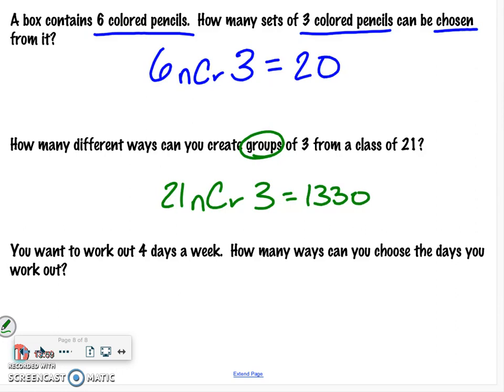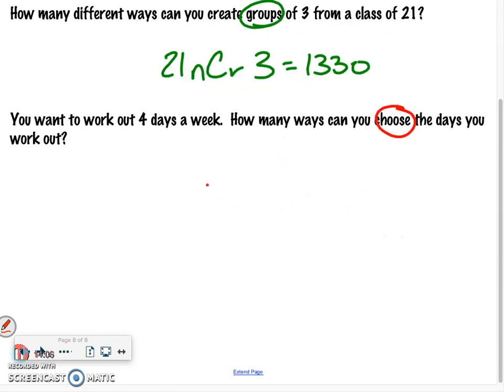How many ways can you choose the days you want to work out? Again, keyword being choose. So we use combination, nCr, and our big group is the days in the week. How many days in a week are there? Well, there's 7. So big group is 7. We're choosing 4. 7 choose 4, plug it in your calculator, you get 35.